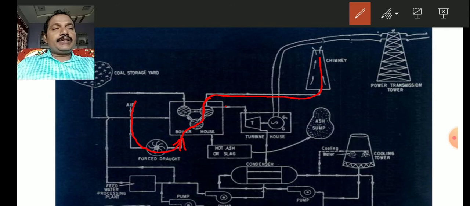This is the chimney. So this is the circuit. Okay, air from the environment, the forced draft fan will direct that air into the boiler, and then the boiler flue gases are directed into the environment through the chimney. So this is the air and flue gas circuit.